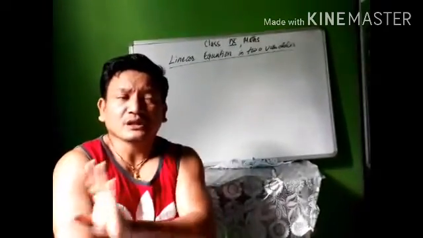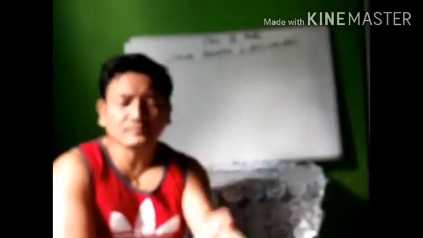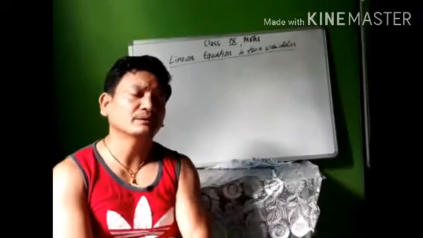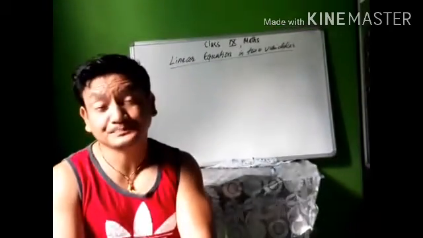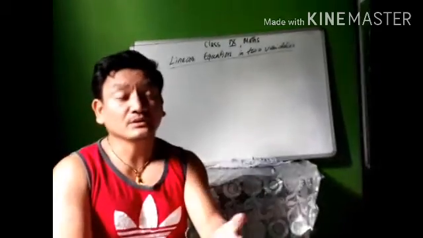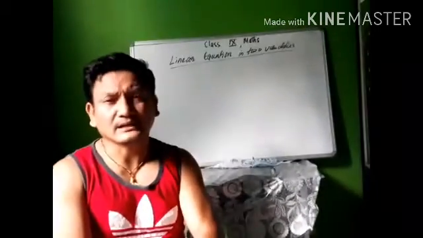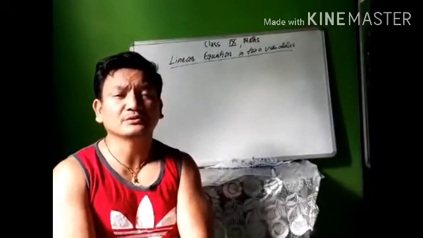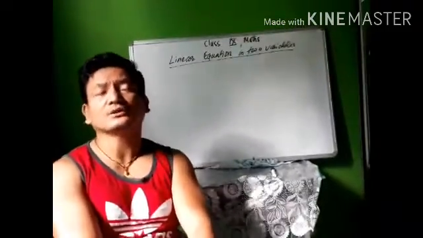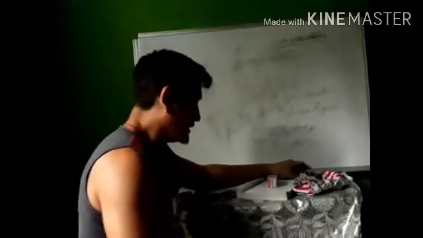Linear polynomial and linear equation are two different things, or sometimes they are similar to each other, but the only difference is that when you deal with polynomials, there are no equal signs there, only in some cases do we use an equal sign in a polynomial. But when you come to equation, the equation is incomplete without using an equal sign. So, talking about the linear equation in two variables.